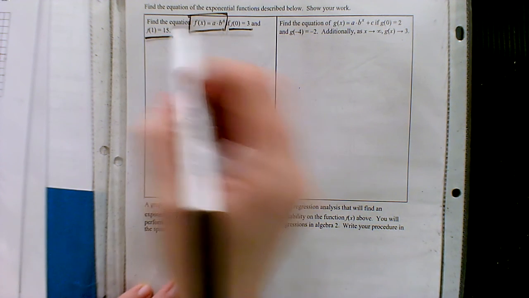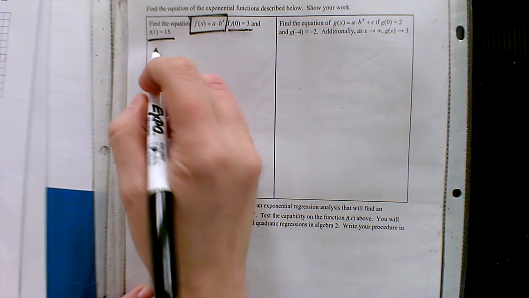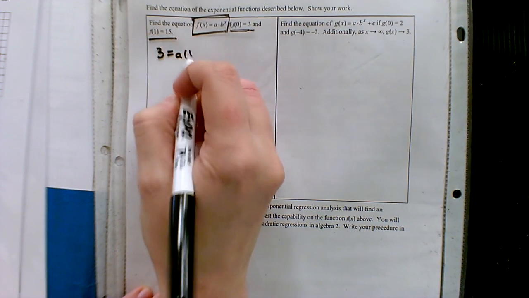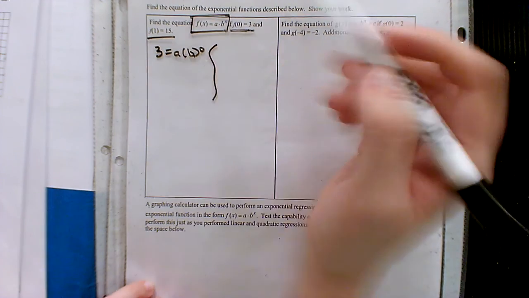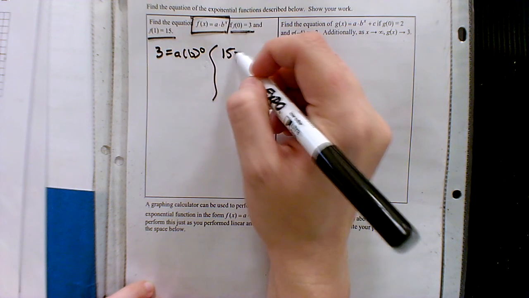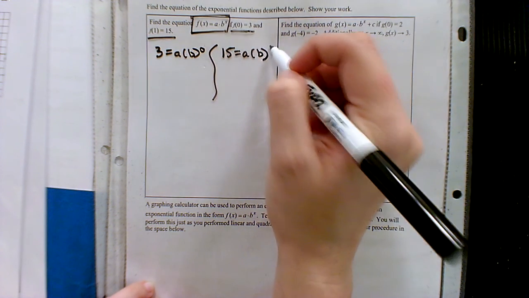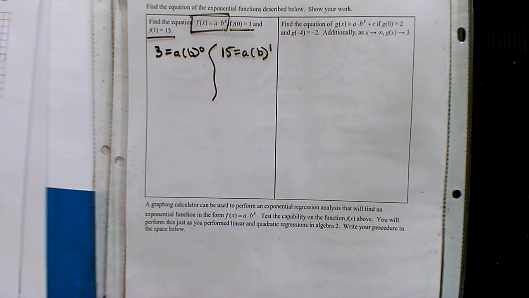Maybe you want to try both. Okay, if I use the first point, my equation will look something like that. If I use the other point, my equation will look something like that. So if you're not sure where to start, maybe just start with both. Can we proceed further with one of those, both of those, perhaps?